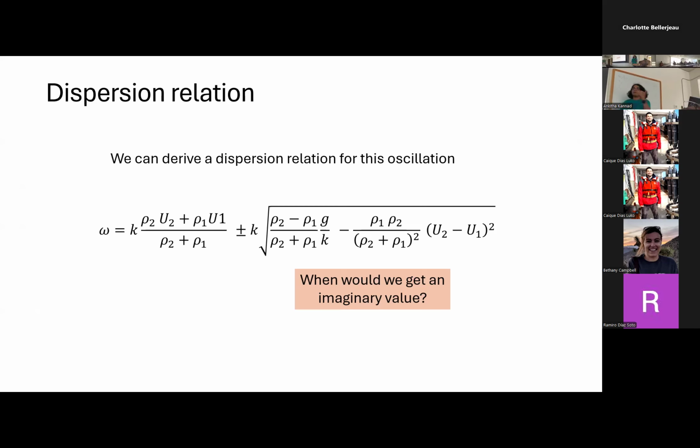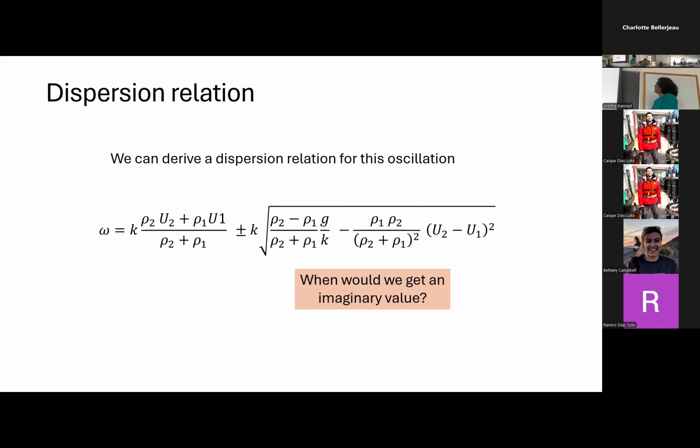So what I just showed you, just by looking at possible solutions, is that an imaginary frequency and a positive wave number gives you conditions where you can have instabilities grow. So now, looking at this equation, what would be a situation where you would get an imaginary number?